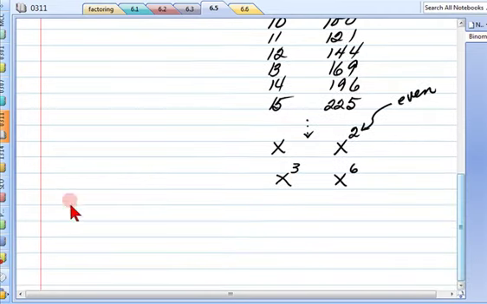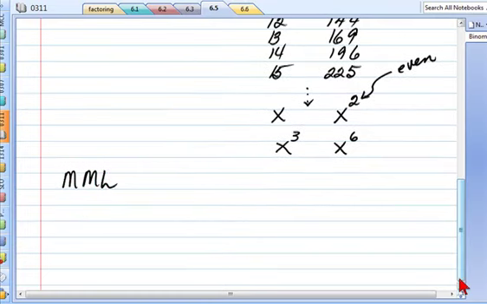So let's go ahead and look at the MyMathLab questions that have to do with the difference of squares. The instructions for these say, factor the following binomial completely. Okay, so I am in 6.5, number 1. What if I had x squared minus 64?